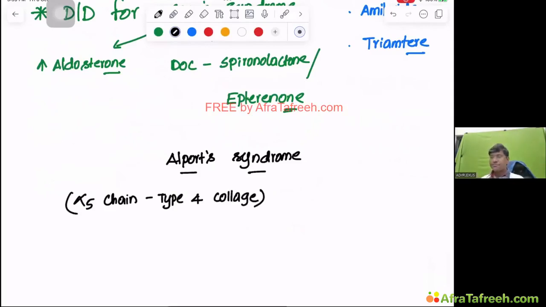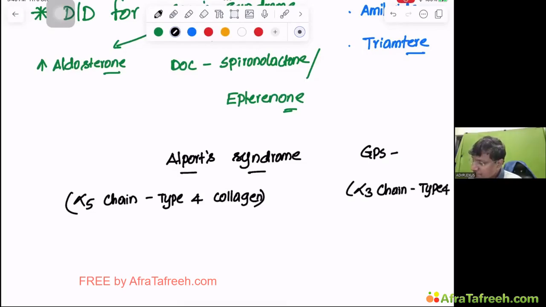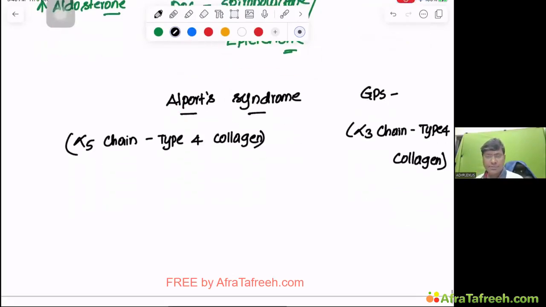Whereas in case of Goodpasture syndrome, it is alpha 3 chain of type 4 collagen. Right? Now, let me discuss in detail about the Alport's.